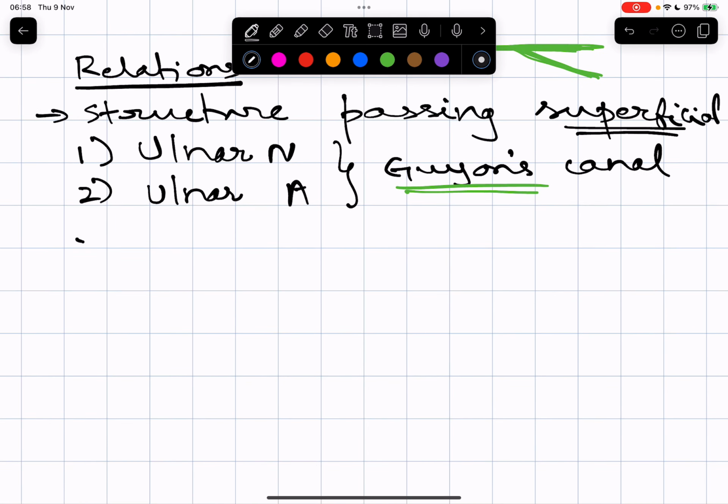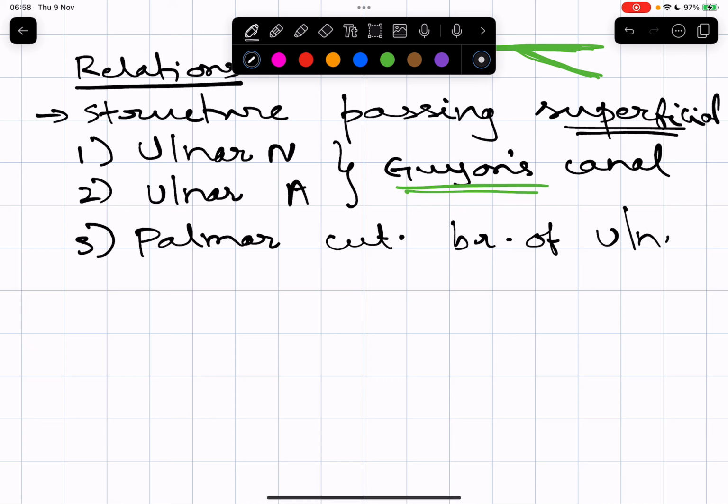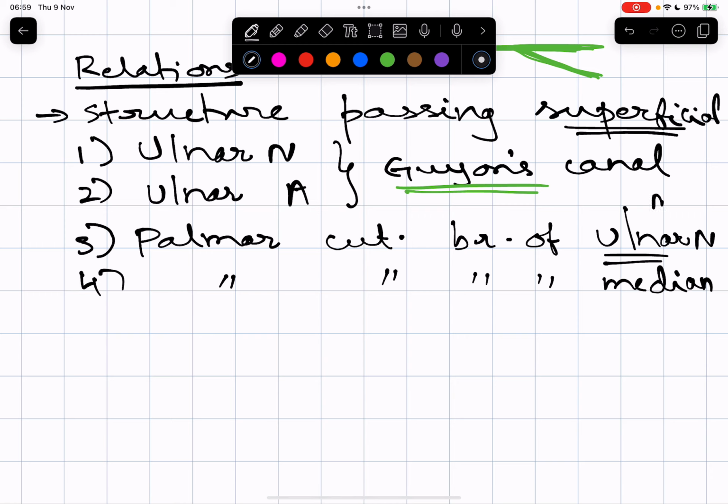Now, what are the other structures? Further, we have the palmar cutaneous branch of the ulnar nerve. We have the same palmar cutaneous branch of the median nerve. Here, please remember, the palmar cutaneous branch of the ulnar nerve passes medial to the tendon of palmaris longus, and the palmar cutaneous branch of the median nerve passes lateral to the tendon of palmaris longus.